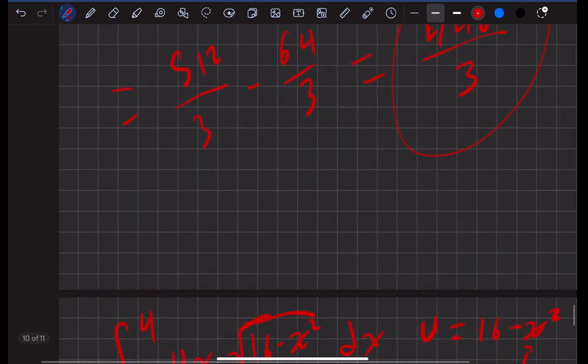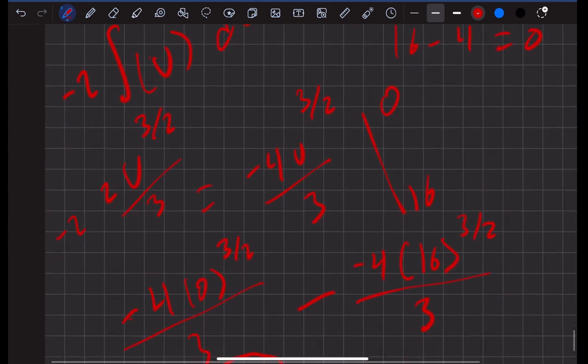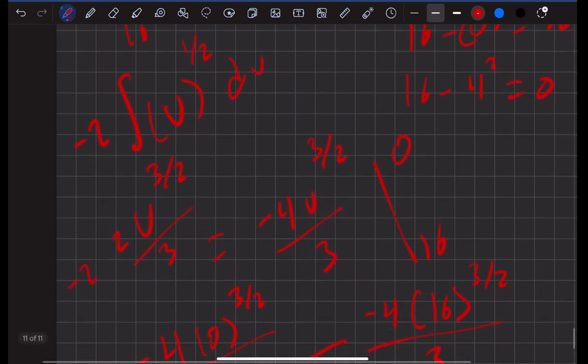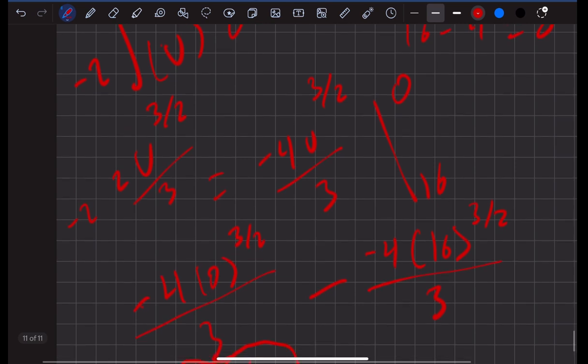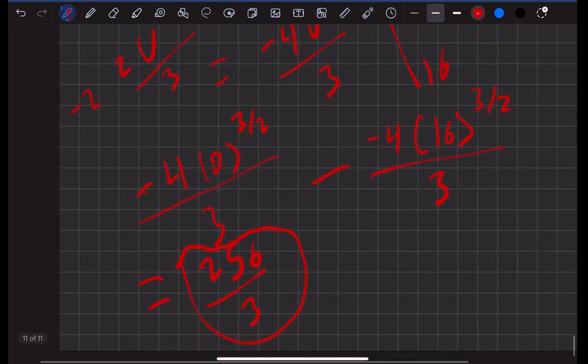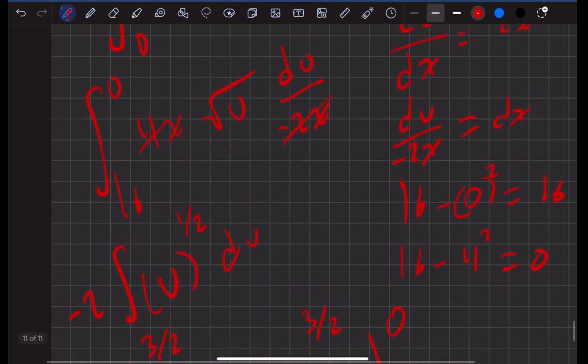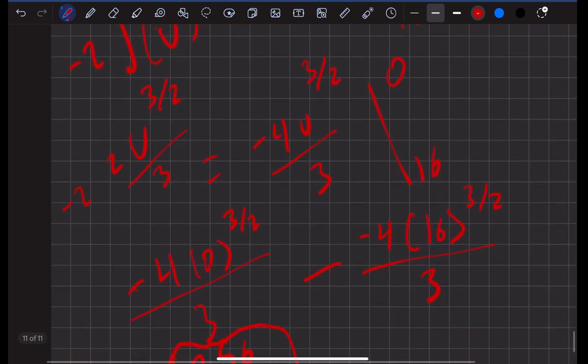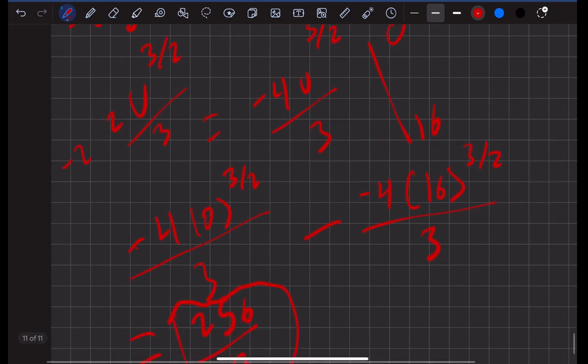Because with this one, for example, if we were to find 0 to 16 through normal methods, we would have to do the equation 16 or 17 times in order to find this answer. But using u sub, we can find the antiderivatives and then find the summations of a lot of these equations very easily.